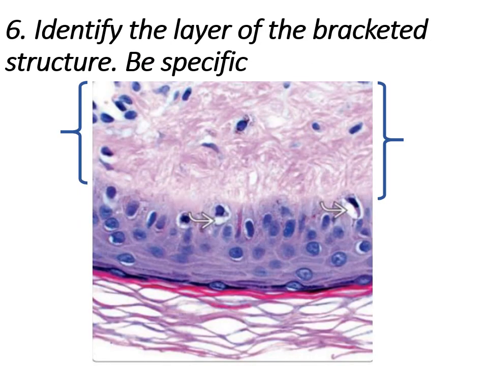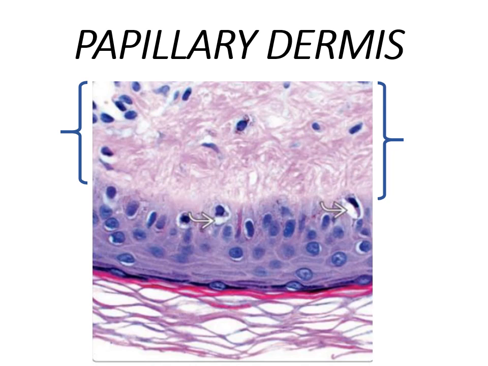Number 6, identify the layer of the bracketed structure. Be specific. The answer is papillary dermis. Specific dapat tayo kasi kung dermis lang, baka half point lang yan. So, kung sinabi naman sa tanong ay be specific, dapat kumpleto. Papillary dermis, hindi pwedeng dermis lang.